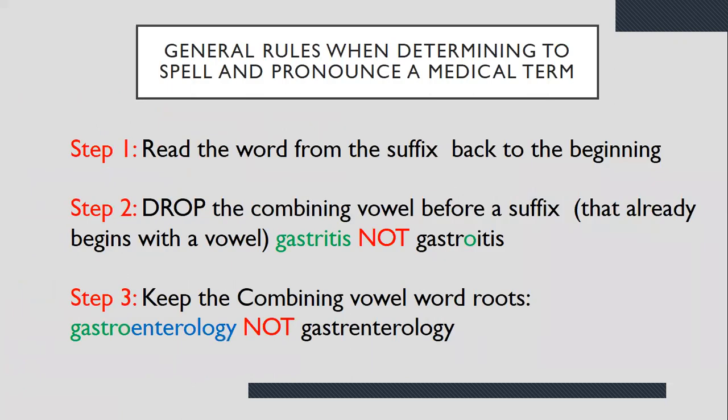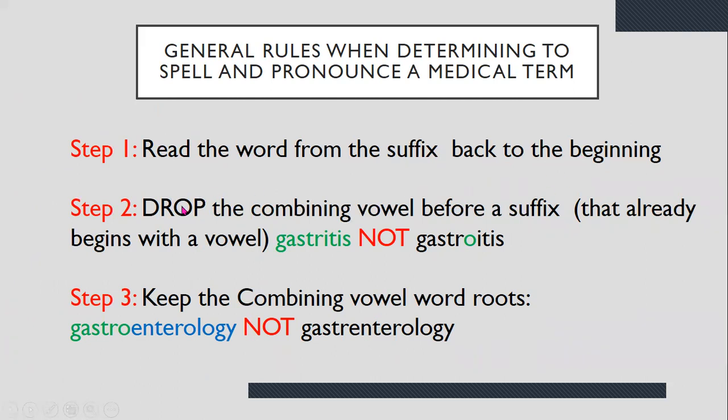There are some general rules when determining how to spell and pronounce a medical term. The first step seems weird, but you're going to read the word from the suffix back to the beginning. So we will start at the end of the word and work our way back, and then go back.